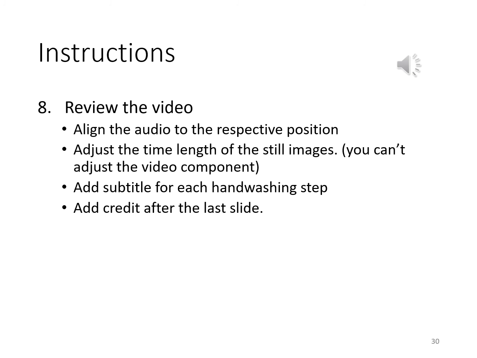Now we have also adjusted the time length of the still images. We have reduced the time for the first slide from 7 seconds to 3 seconds. And now we have to add subtitles for each hand washing step and then add the credits at the last slide. Okay, we will do this now.